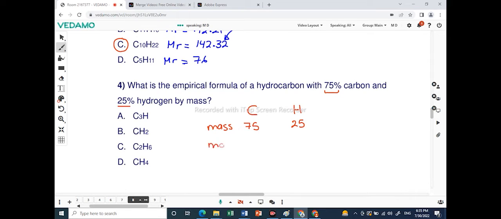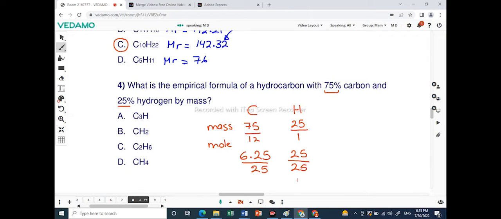Now we will continue with the mole number. So you are going to divide by 12, and here we're going to divide by 1. 75 divided by 12, of course, you need to do the long division, and as a final answer it will become 6.25. And here it's 25. Then you divide by the smaller.